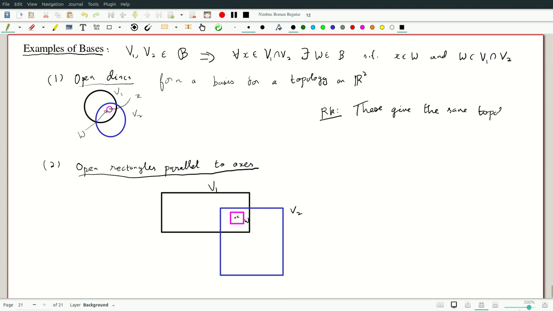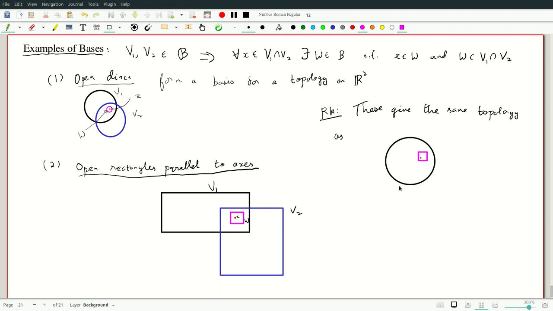And I'll tell you the reason in a picture. If I'm given a circle and I'm given a point in it, maybe off center, then I can find a rectangle which contains that point and is contained in the circle.